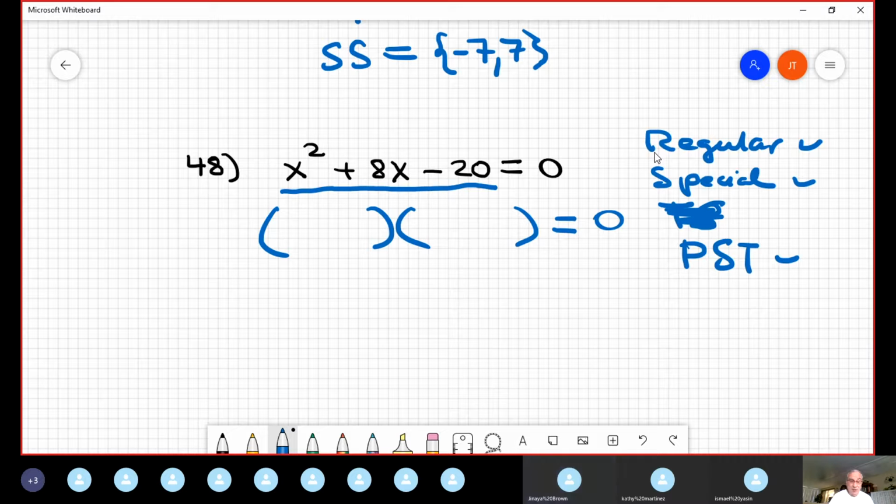Regular. This is important. Say again. Regular. How do you know what regular means? What is the clue? Give me information about regular. Because the coefficient here is 1. When the coefficient is 1, is regular.